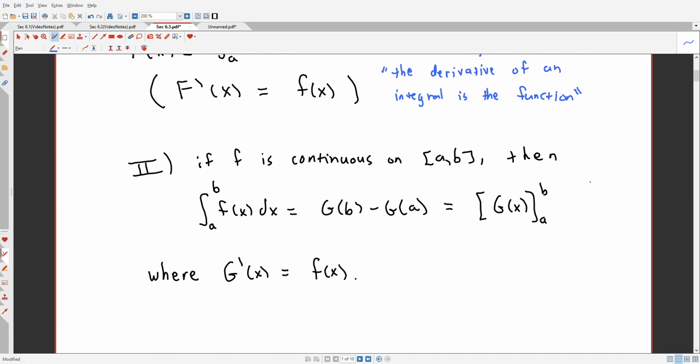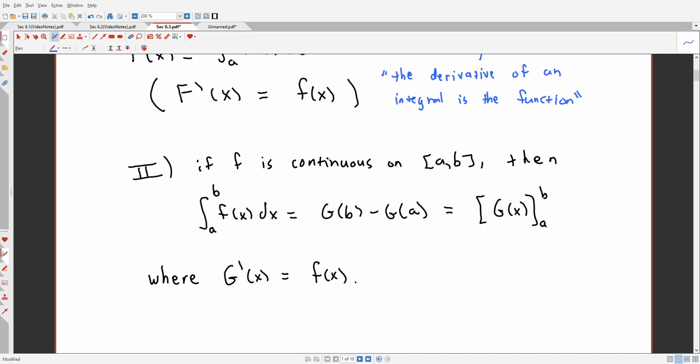For Part 2, it roughly says that the integral of a function, little f, is really an antiderivative evaluated at 2 points.